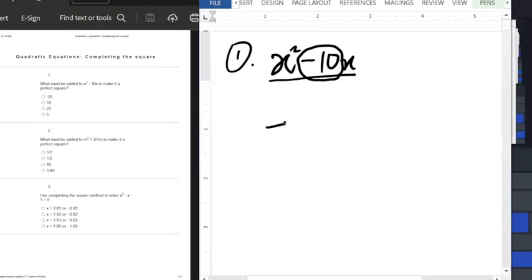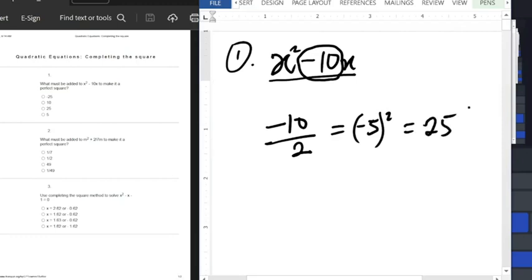The coefficient of x is minus 10, so we divide it by 2, and that gives us minus 5. The next stage is to square it, which gives us 25. So 25 will be added to it to make it a perfect square. By the time you factorize this, you are going to get the perfect square. So the answer is 25, and that is option C.